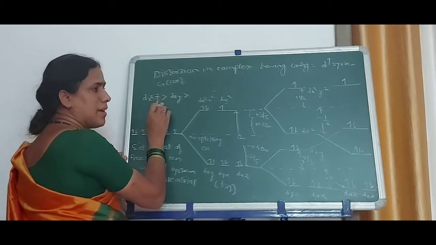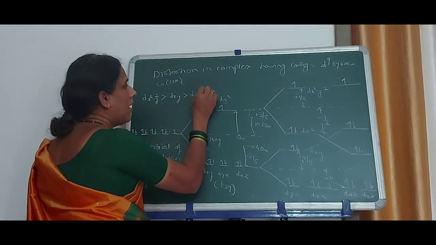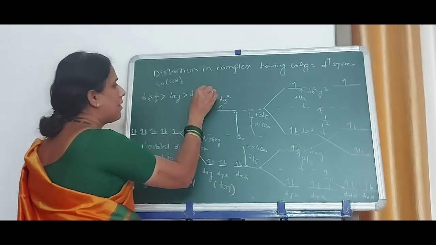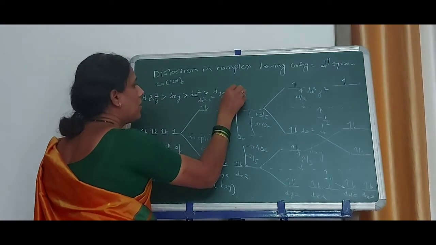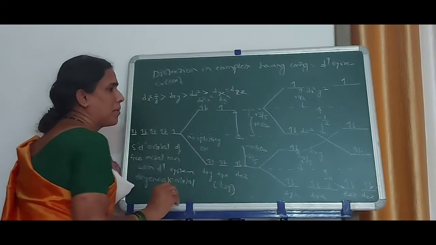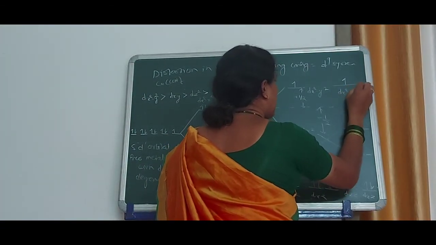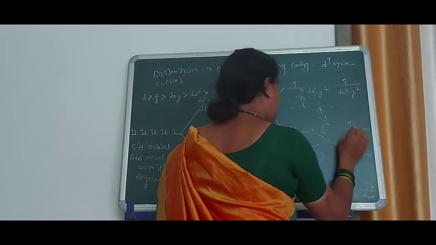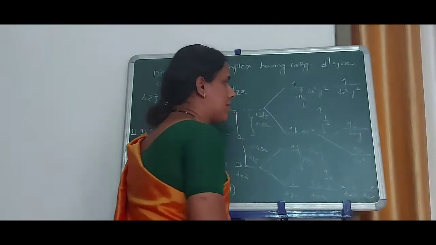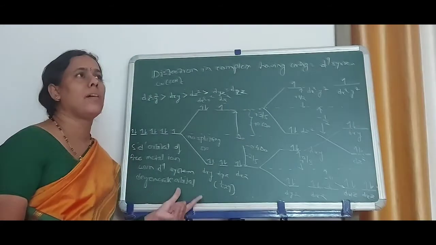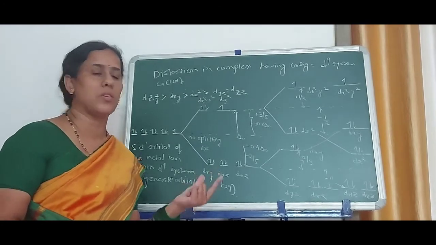Okay, dxy is greater than which orbital? dz2, and is greater than dyz equal to dxz. Okay, these orbitals I am writing here: dx square minus y square, dxy, dz square, and here dxz. Thus we have explained the geometry due to elongation along the z-axis.